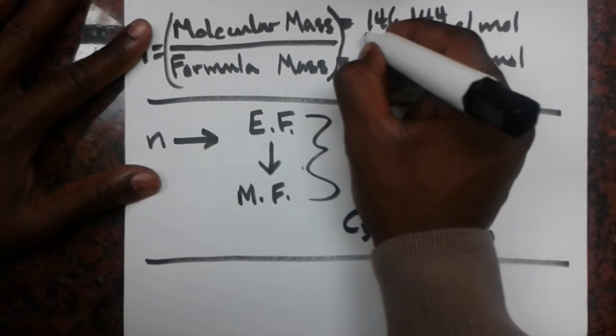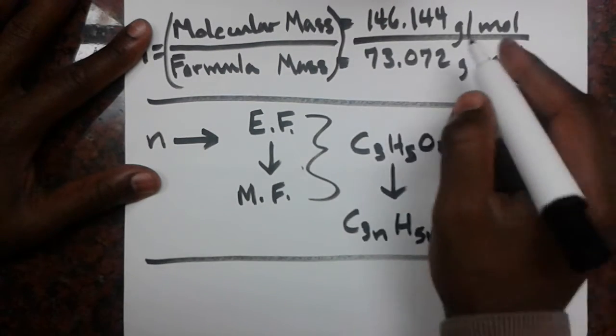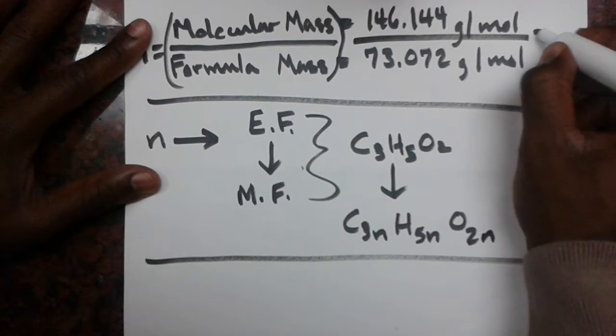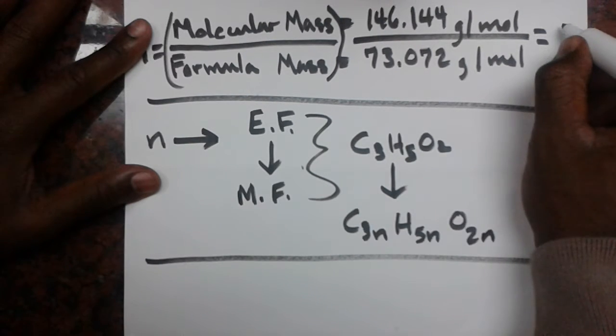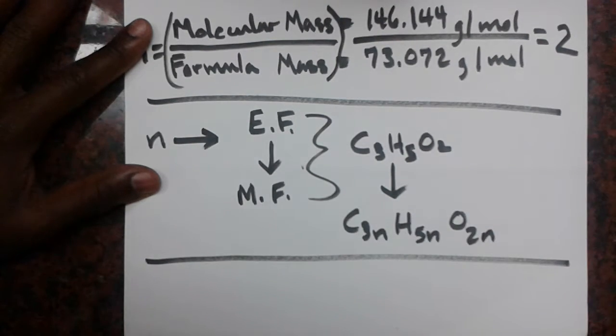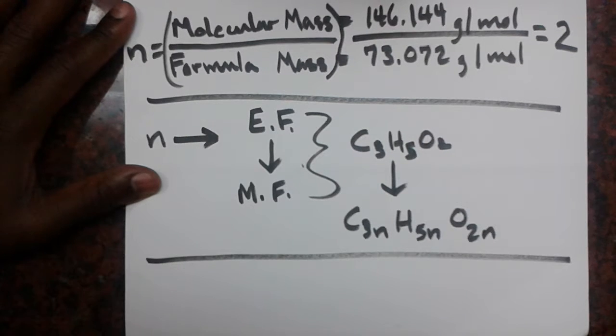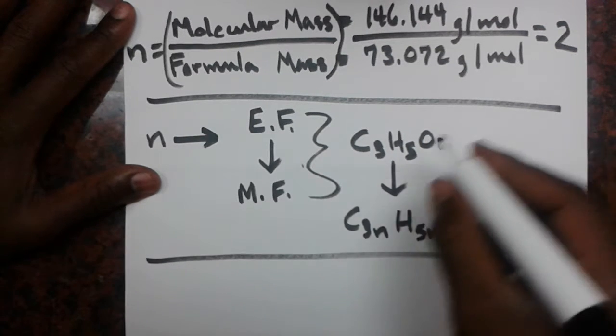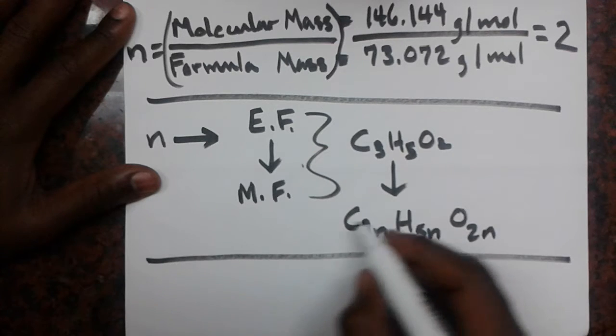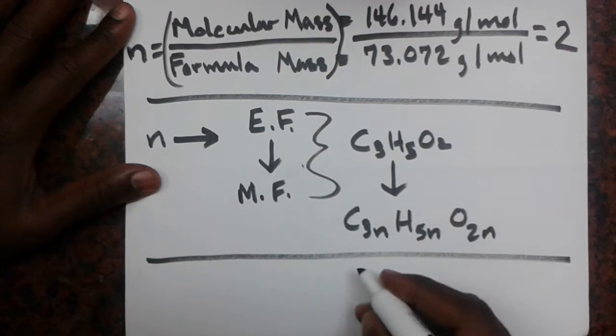Now once we identify what N is, we just substitute. So the question is, what's the difference? Once divided, you'll find it's about a difference of 2. 146.144 divided by 73.072 grams per mole equals 2. So therefore, when N equals 2, we just replace the N with 2.